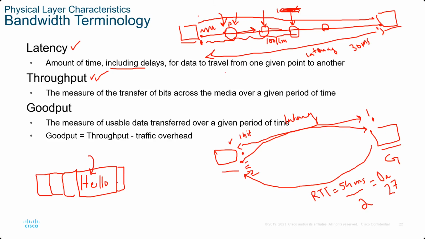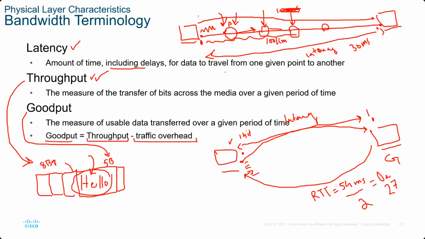When you receive, you only receive this. So for example, if this was 5 bytes, you actually had to send 8 bytes. This 8 bytes is the actual throughput through your connection, but the goodput is only 5 bytes, because this is the actual information we needed to send. So goodput is the throughput minus the traffic overhead.